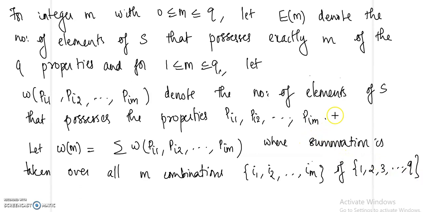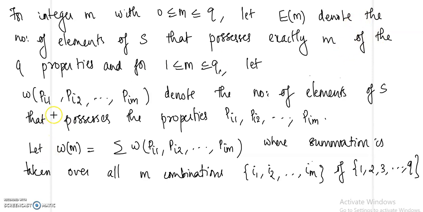So we have defined three things. E of m is the number of elements of S that possess exactly m properties.